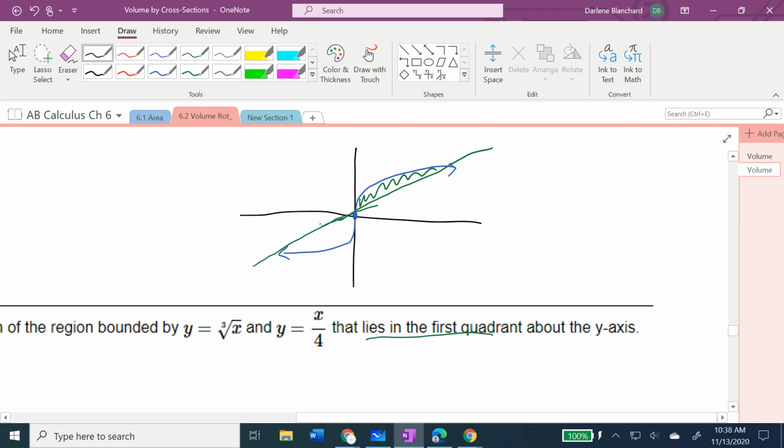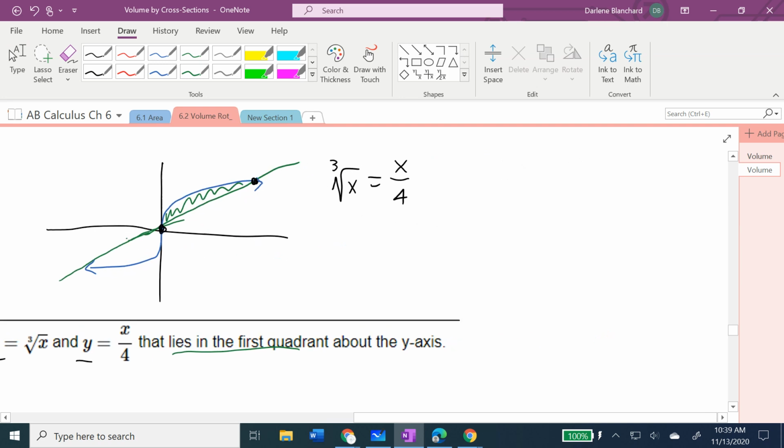You are going to need to find the intersection points without a calculator. So you're going to do that using algebra. And in this situation, I can set equal to each other the cube root of x and x over 4.